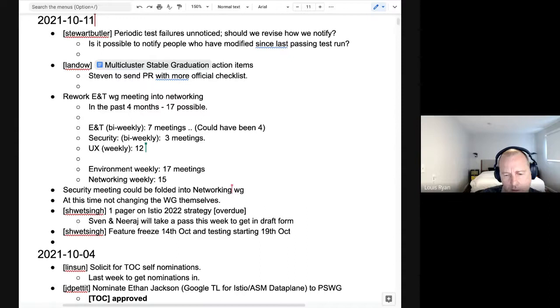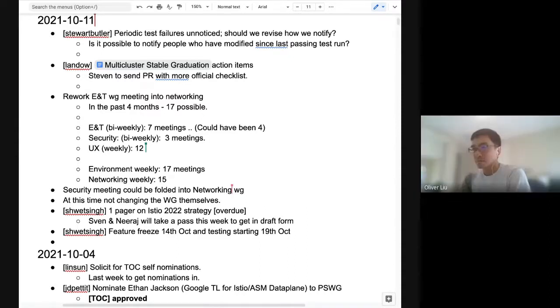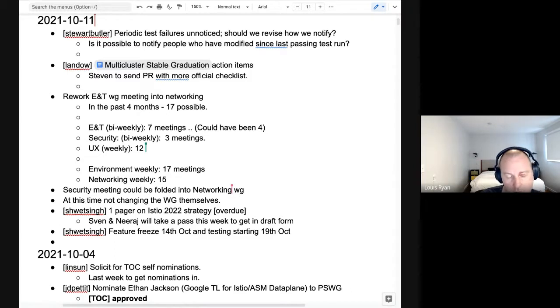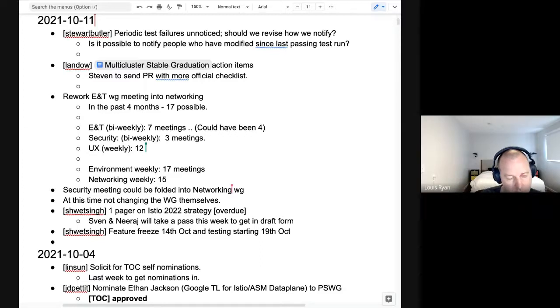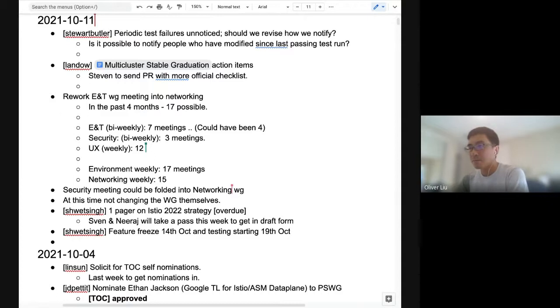It sounds like the consensus was that we wouldn't actually be doing that. We're certainly not consolidating the working group, so there would still be a separate roadmap presentation for security. You're just talking about merging the meetings, right? Yes. At this point, we're not talking about anything else. Yeah, I'm okay with that.